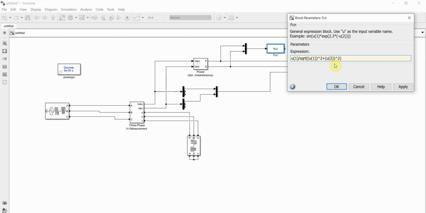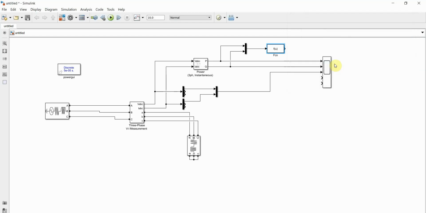This formula we just have to use. This formula will give what? Power factor. So this is our power factor.